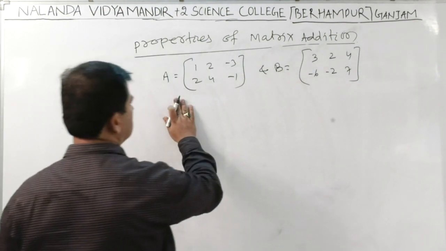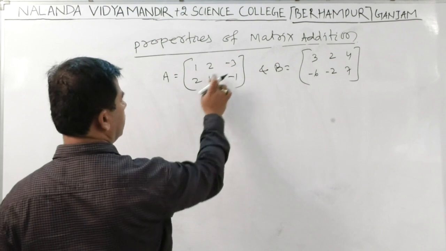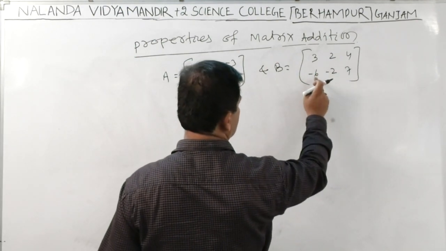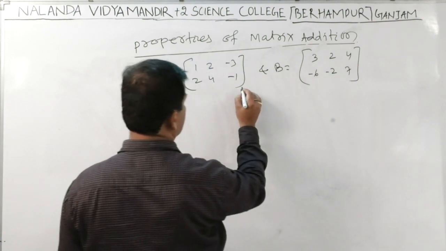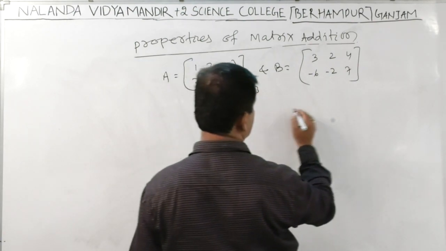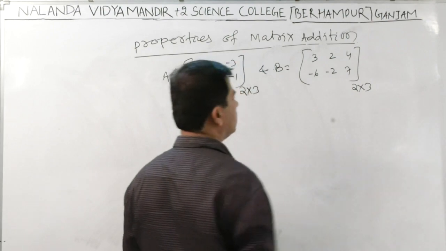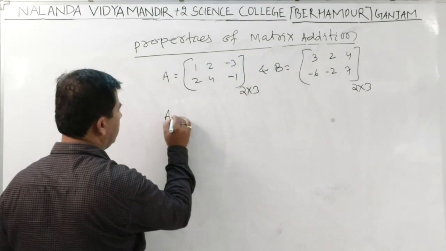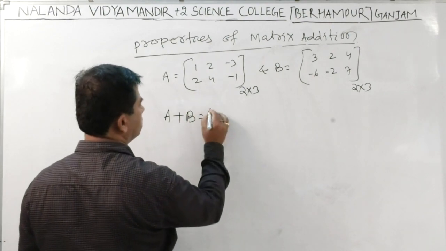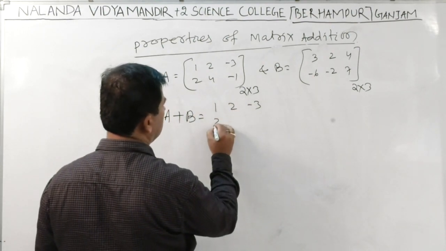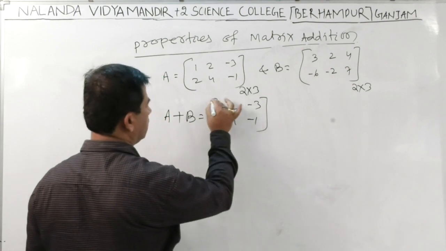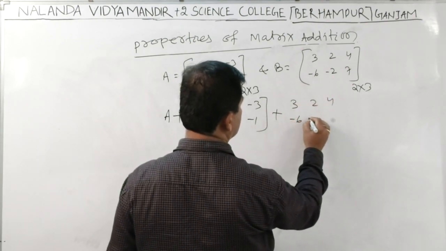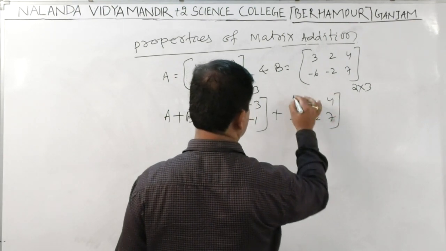The order of matrix A is 2 cross 3 and matrix B is also of order 2 cross 3. Then first we add A plus B. A plus B means 1 2 minus 3, 2 4 minus 1, added with the B matrix 3 2 4, minus 6 minus 2 7.